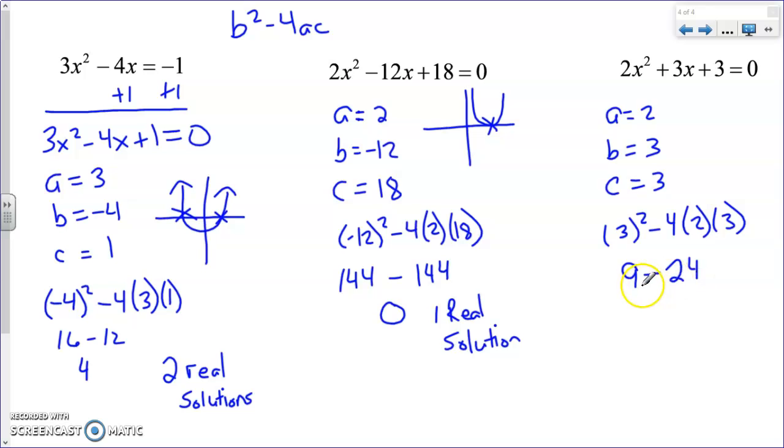And then 9 minus 24 is -15. So my discriminant is -15. That tells me I'm going to have 0 real solutions. My answer is going to be an imaginary or complex number. If I were graphing this, I know it would hang out up here above the x-axis. It would never cross it.